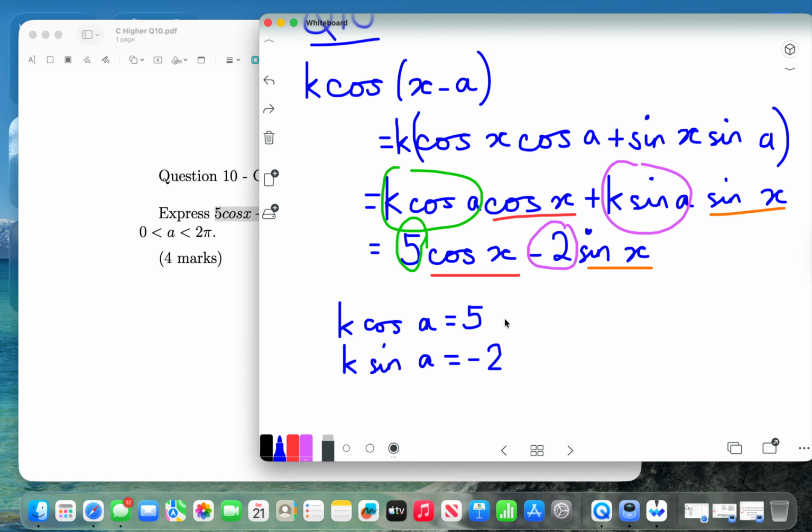Suppose we squared each of these, and something really smart is about to happen. If I square this, you get k squared cos squared a, and that's 25. And we get k squared sine squared a is 4.